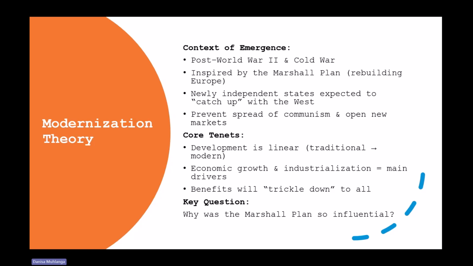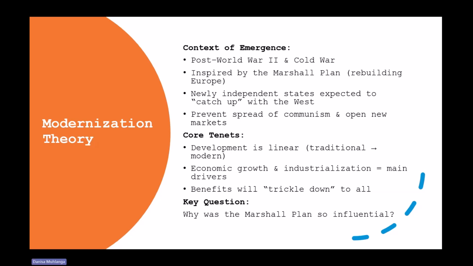But then we said it was inspired by the Marshall Plan in rebuilding Europe. Maybe you can ask yourself, why was the Marshall Plan a key influence on modernization theory? This will be included in my body, right? So why was the Marshall Plan so influential?